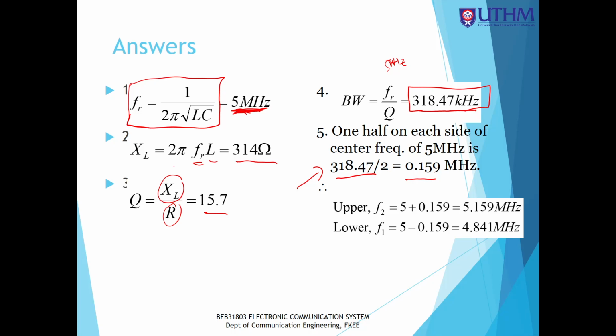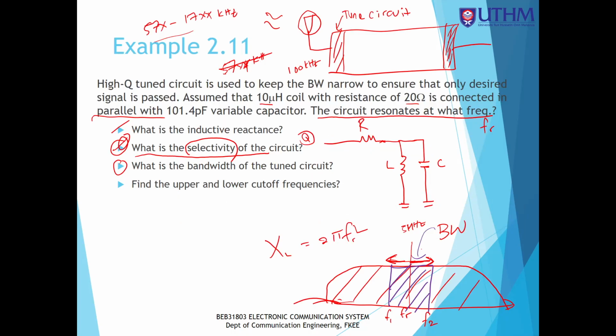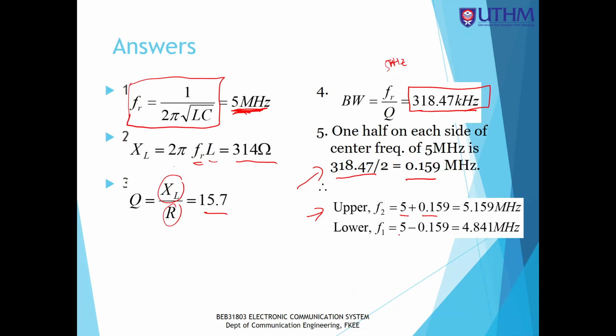So the upper frequency is the resonant frequency plus half of the bandwidth, and for the lower we take FR minus half of the bandwidth, which gives the lower cutoff frequency of the tuned circuit.